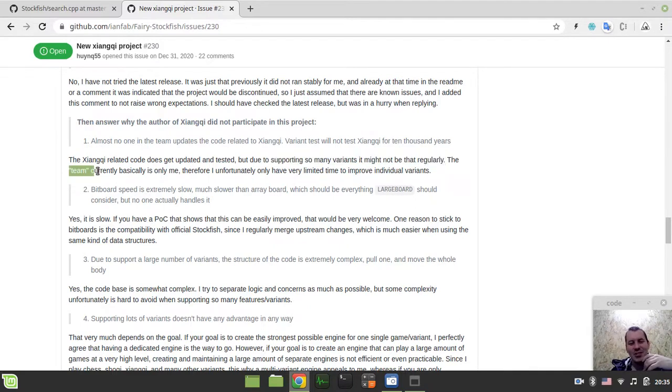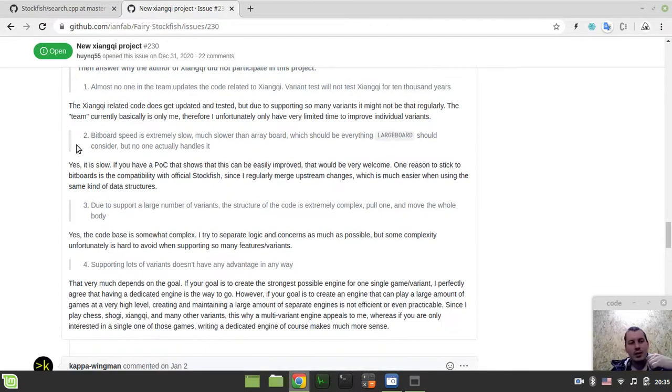The team, now this is my favorite, guys, the team is currently basically only me. So Fabian is the only guy doing Xiangqi Stockfish. Can you believe it? Therefore, I unfortunately only have very limited time to improve individual variants. So he just answers why it happens. It's not like some discrimination for Xiangqi within Fairy-Stockfish. Not at all. Just the matter of the limited amount of time that Fabian has.